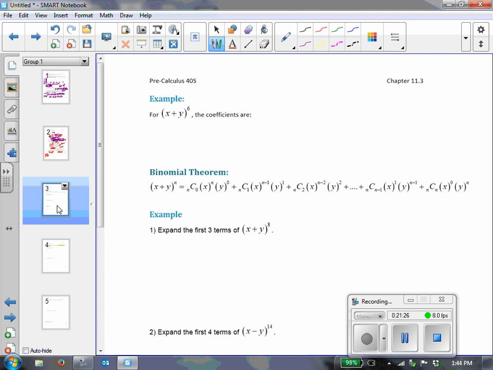For this binomial expansion, the coefficients are what? You can even give it to me in combination form. Okay, how many terms should be in this? 7. Okay, we were talking rows on the triangle last time, right? Rows on the triangle because we're counting in 0.